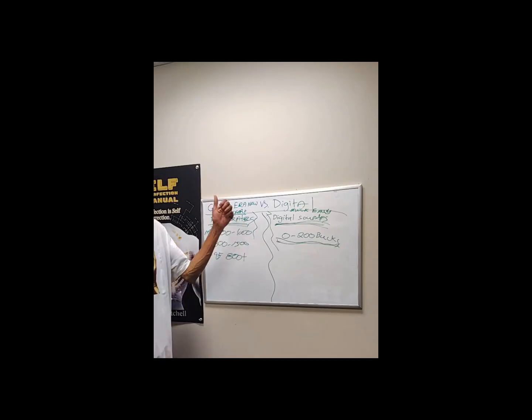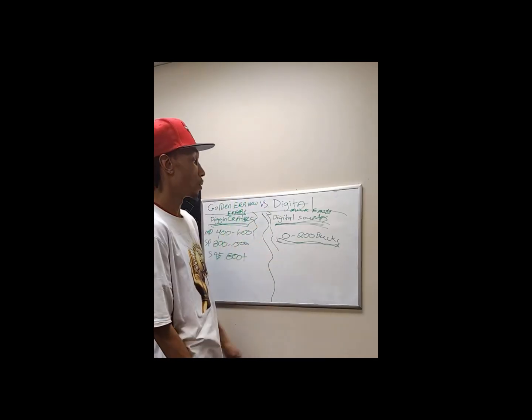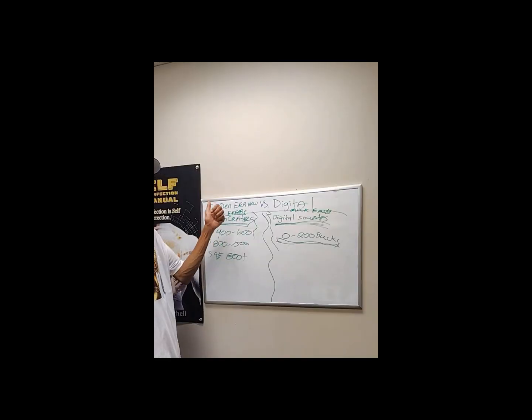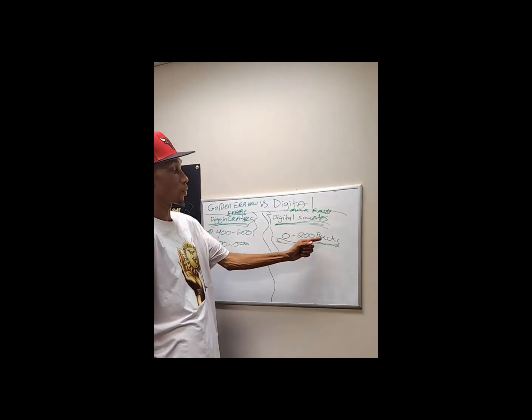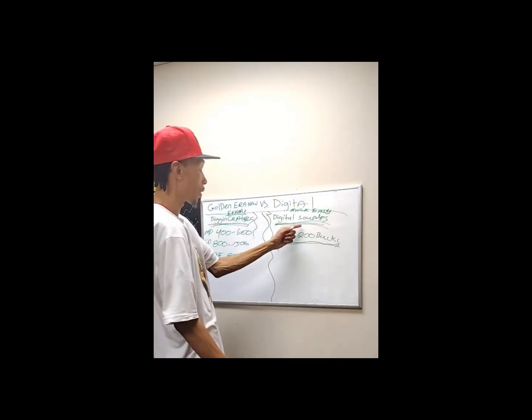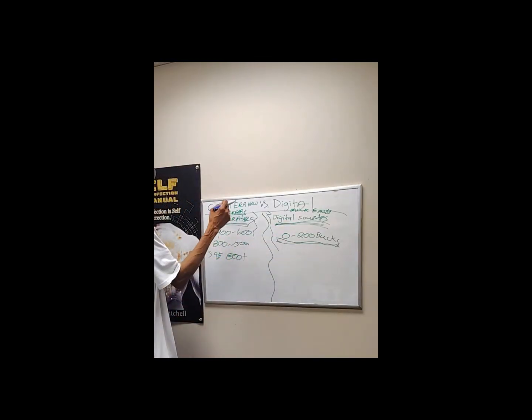So, once again, we talking about Golden Era Now production versus digital. Digital, we got quick and easy. You use digital sounds, probably $0 to about $200, you can start production. Over here, Golden Era Now, we got effort. You gotta dig in them crates, get a little dusty sometimes, dirty.